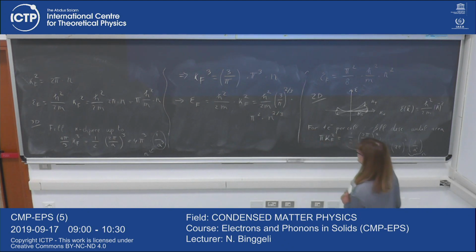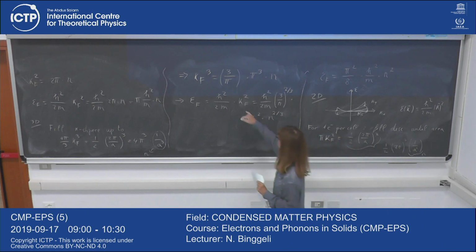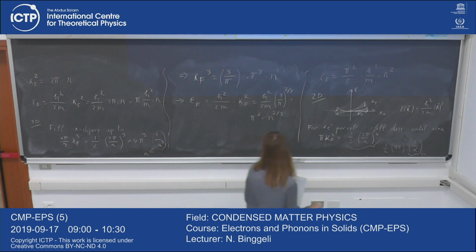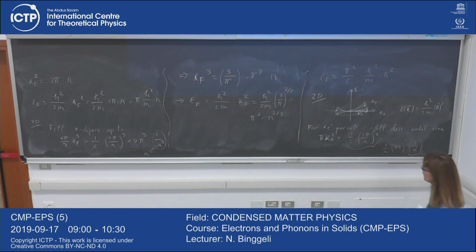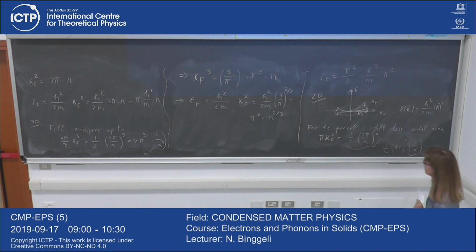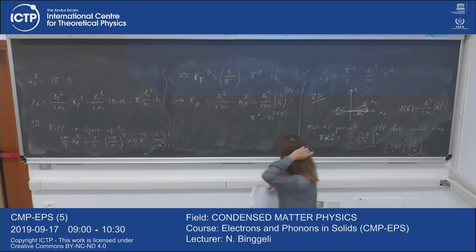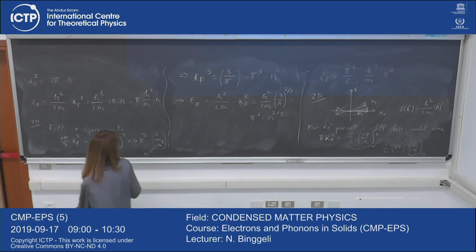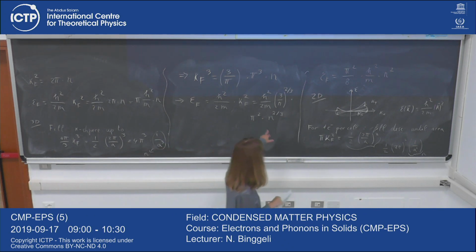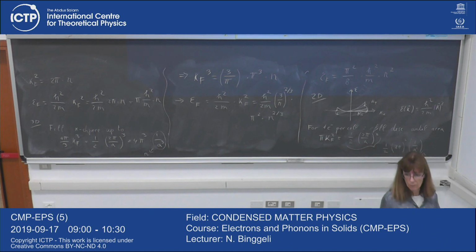So I replace the K Fermi here, having a power 2/3 of this quantity. Okay, so actually in three dimensions the Fermi energy is proportional to the density to the power 2/3.